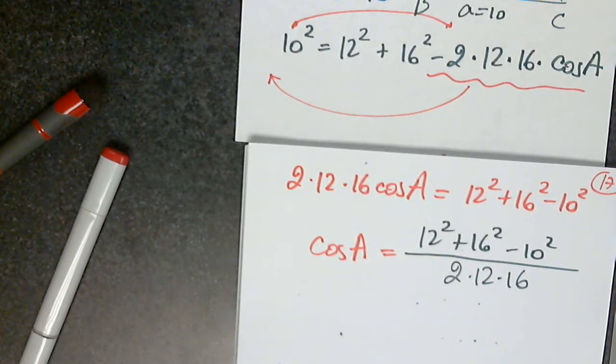Parentheses around the top. So clear, I'm going to clear everything here. So parentheses around the top, 12 squared plus 16 squared minus 10 squared. Oops, I did it.